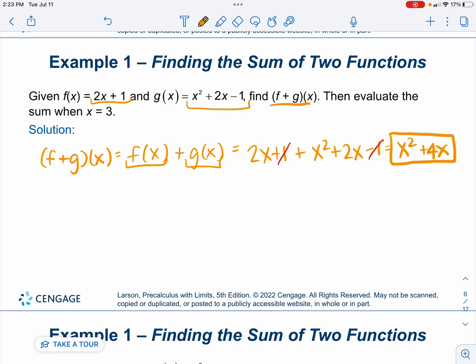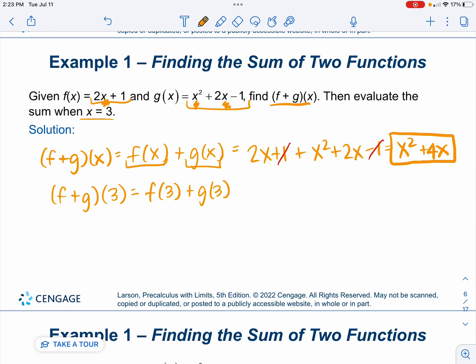Then evaluate when the sum is x plus 3. How you'd write that is f plus g of 3. What you could do is f of 3 plus g of 3: plug in 3 in the f function for x, plug in 3 in the g function for x.